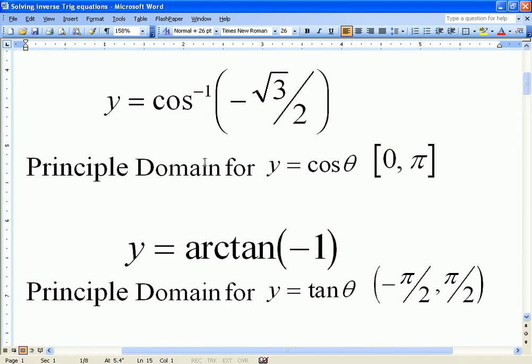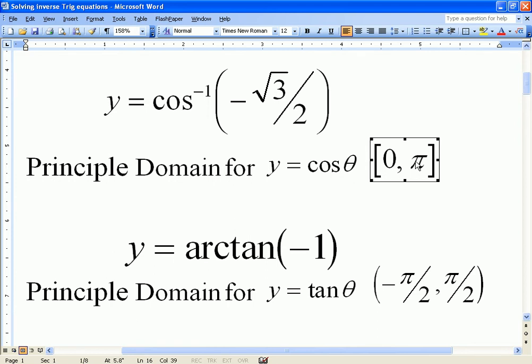But once it is cosine to the negative 1 or arc cosine, we are asked to find an angle in the principal domain for the cosine function. And the principal domain for the cosine function is between 0 and pi, the first quadrant or the second quadrant.